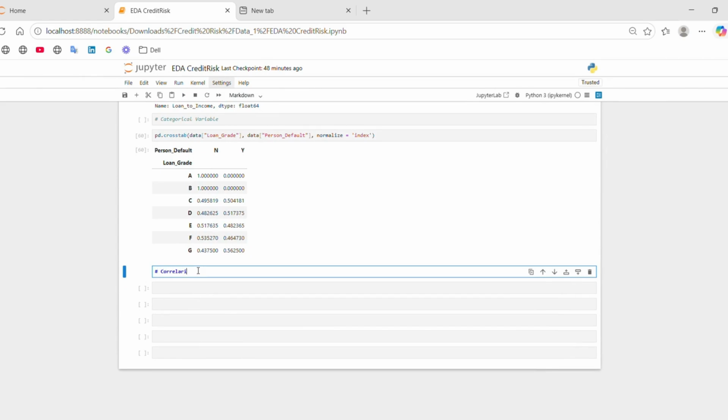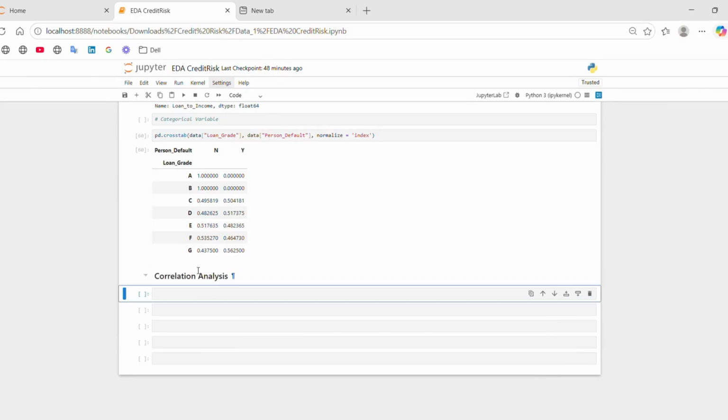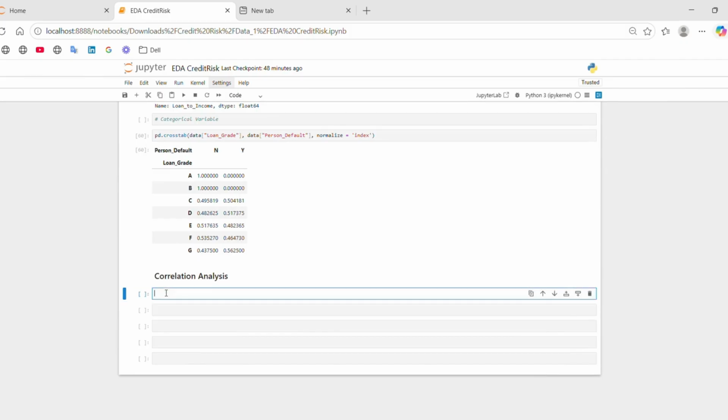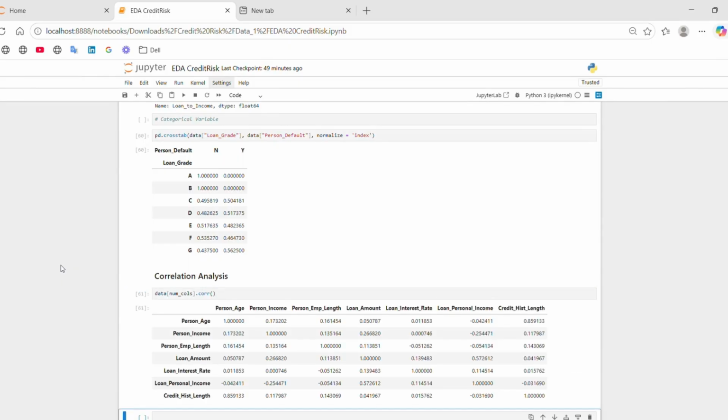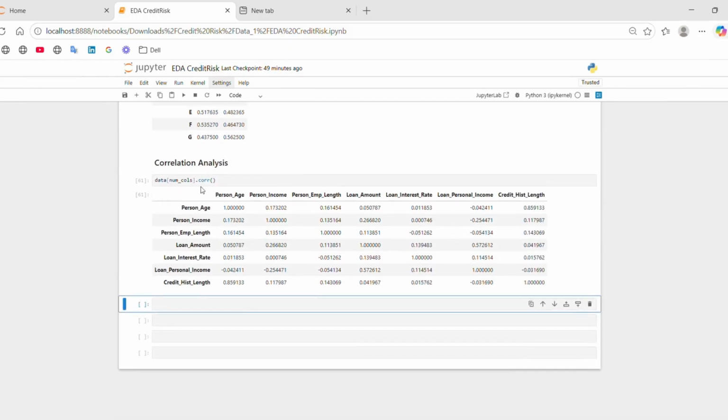Now let's quickly see, one can do correlation analysis as well to understand the relationship between two variables. We have studied this in our previous Python classes, that it is done for the numerical variables. Also, the command is very simple.